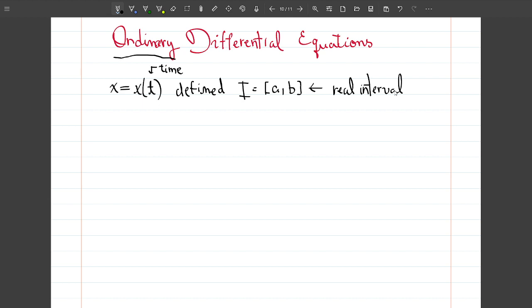So first, we have x and t, which are two variables, and t is the independent one.